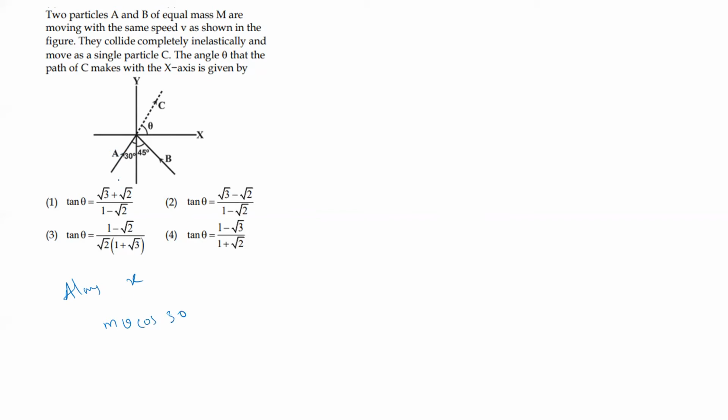Okay, first body A. Next, the second body, because this is going opposite, so this is m v cos 45. This is before collision. After collision, the two masses combine, so this will become 2m, moving with the speed shown in the figure at an angle theta.